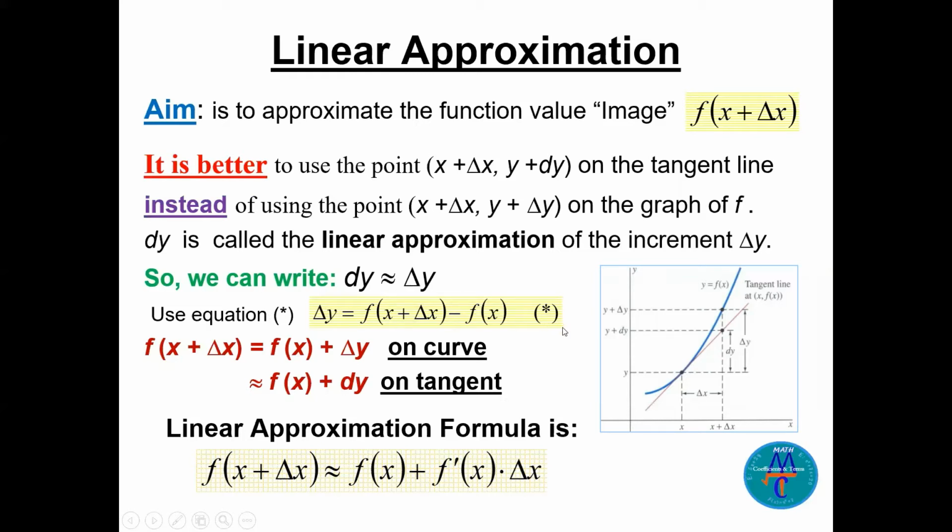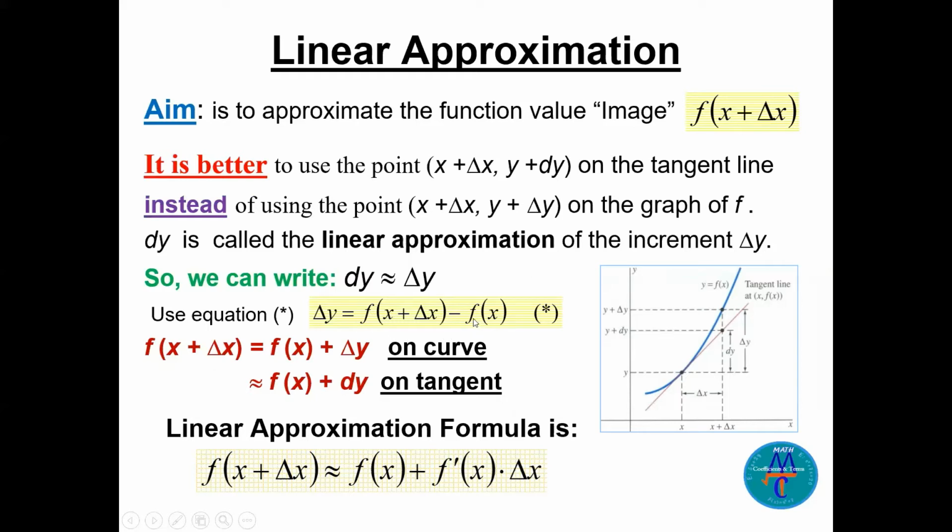Do you remember the star equation we have seen maybe in the first or second slide? Delta y, see from here also you can see it, is f of x plus delta x minus f of x. Let's take f of x on the other side. So we get f of x plus delta x, which we need here. This is the function value of this number x plus delta x.